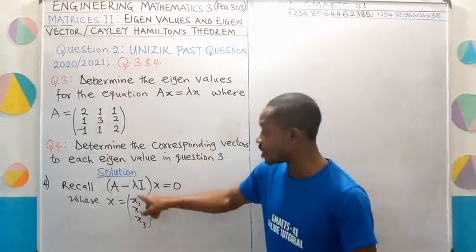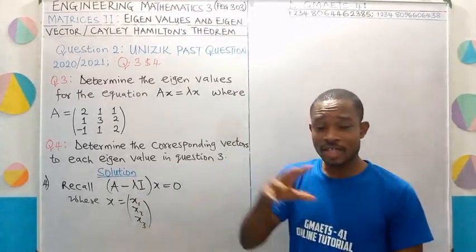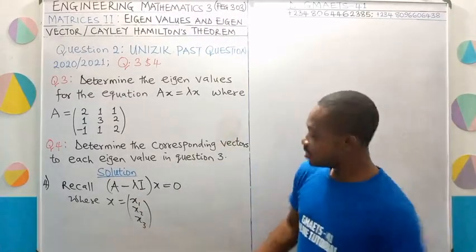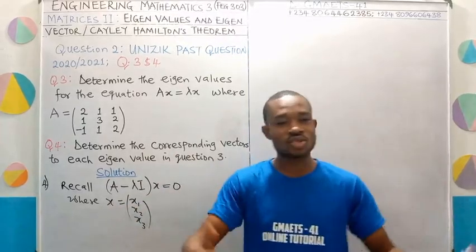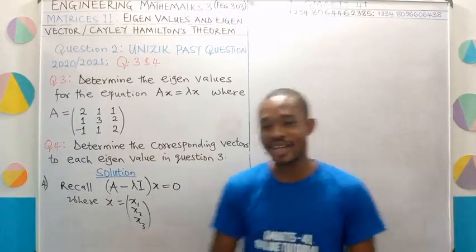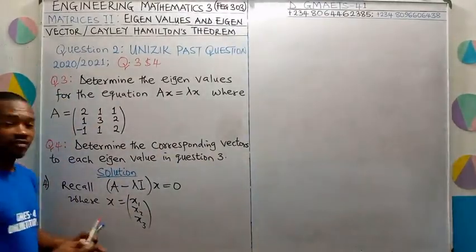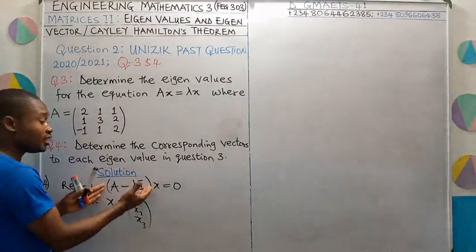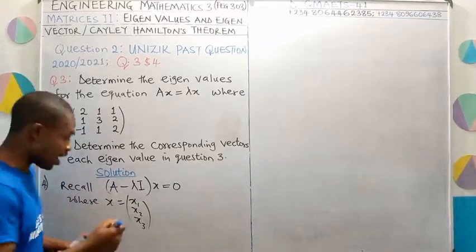That's what I mean by span. How did I get to know that these eigenvectors are going to be x1, x2, x3? Because we are solving a 3 by 3 square matrix. I think I said that earlier when we solved the previous question on a 2 by 2 square matrix. Therefore, we are going to substitute into this equation now and solve for each of the eigenvalues.